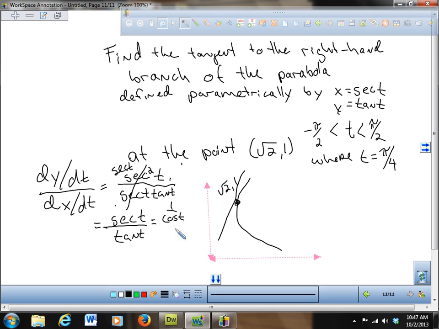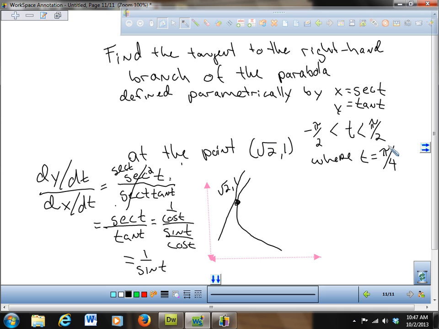How could I rewrite tangent t? Sine of t over cosine t. If I flip and multiply this, I get 1 over sine of t, which is the same as cosecant t. So that is the derivative.